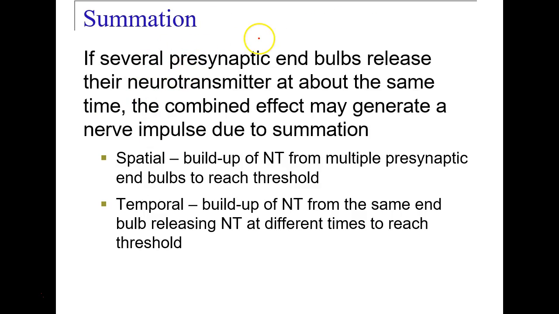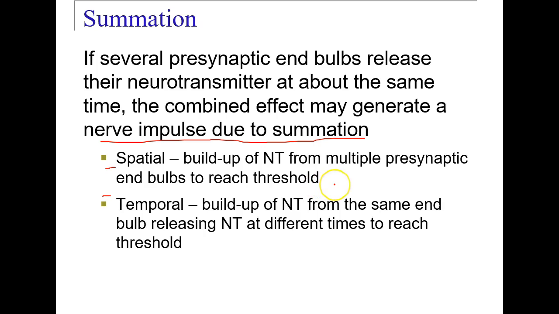Summation of the synapses, so several presynaptic end bulbs can release their neurotransmitters at about the same time, causing a combined effect, generating nerve impulses. For summation, we have two different types, spatial or temporal.